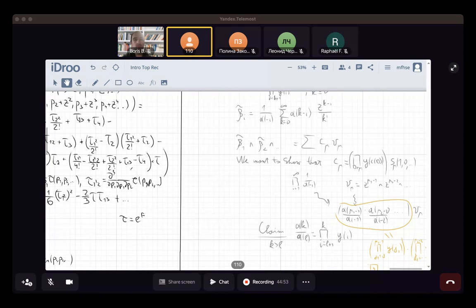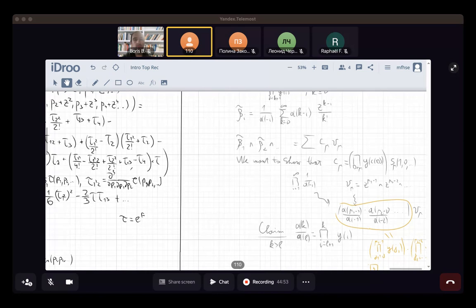Let Z be equal to the sum over mu of the product over boxes in mu of psi of h bar times c of box.